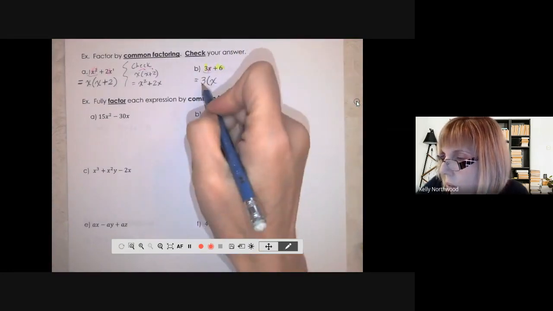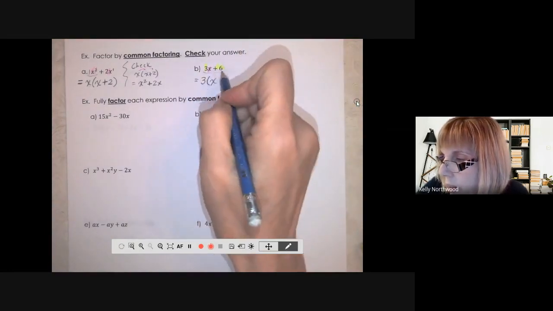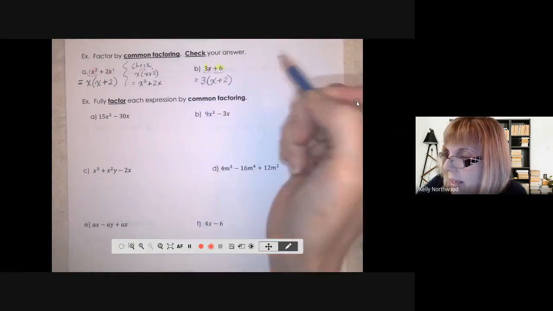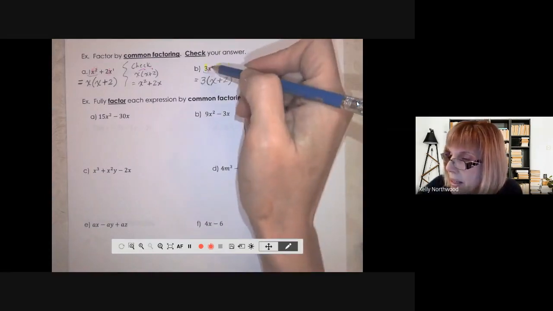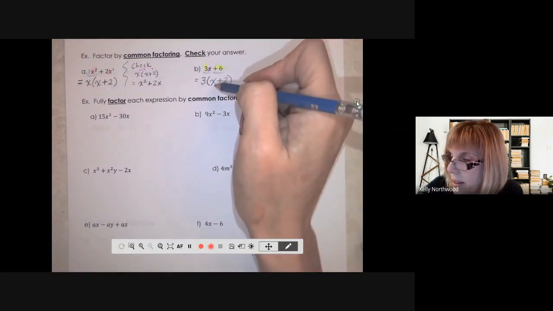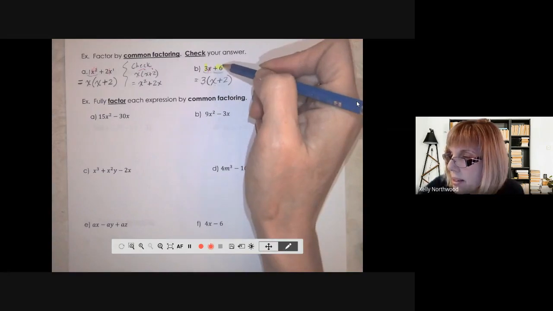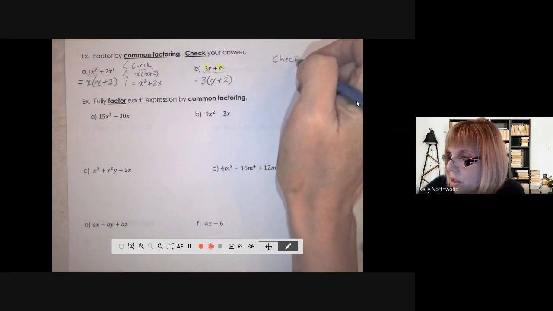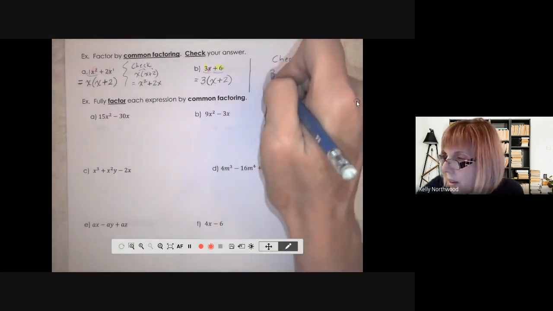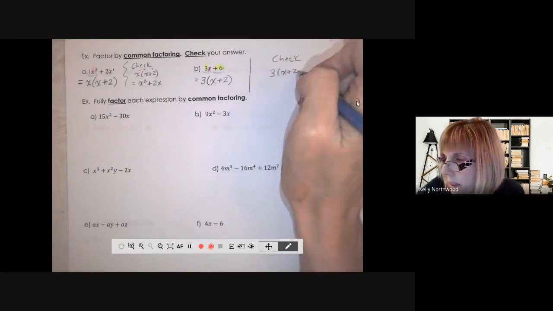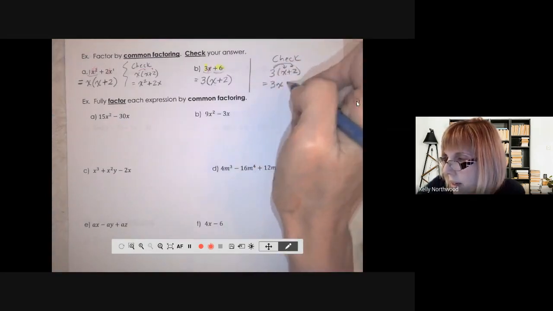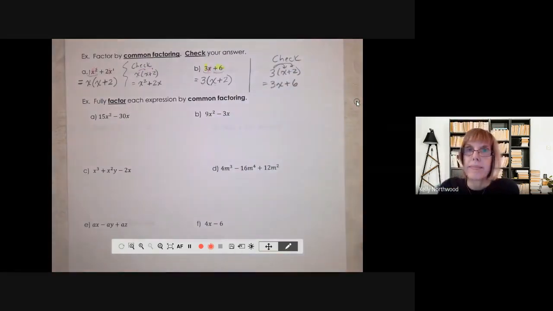X. What do I have to multiply 3 by to get positive 6? Positive 2. And again, if you don't know that, you can mentally divide 3x by 3 to give you x, and mentally divide 6 by 3 to give you 2. And then we can do a check. 3 times x plus 2 is 3x plus 6. Okay?